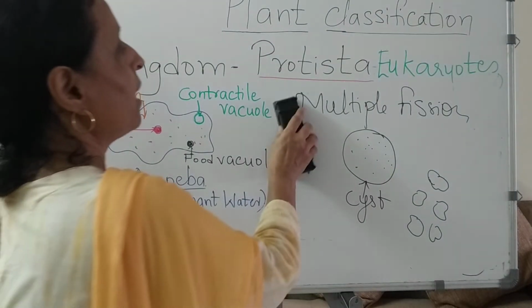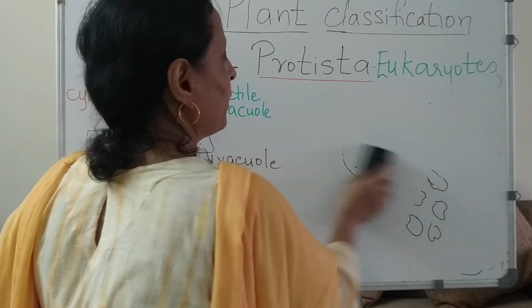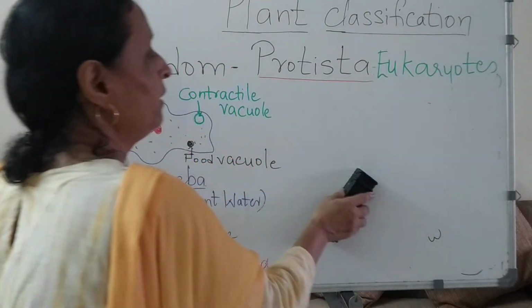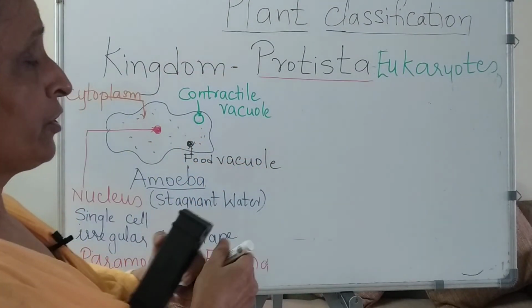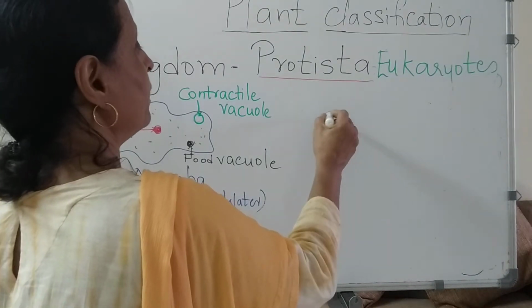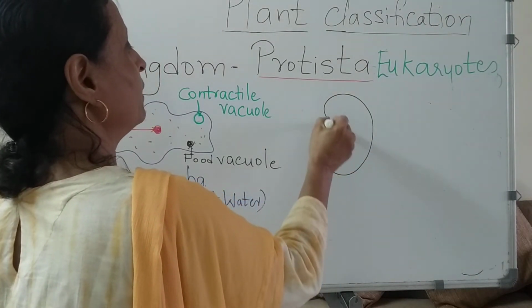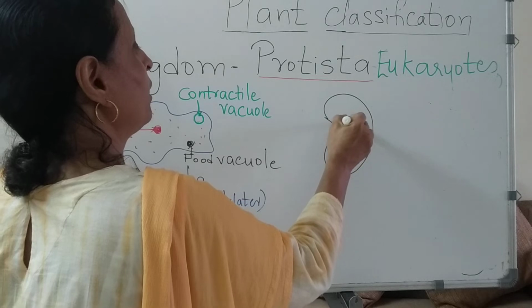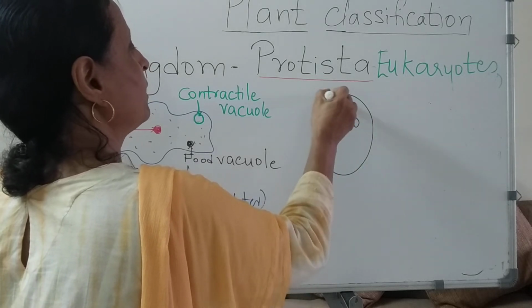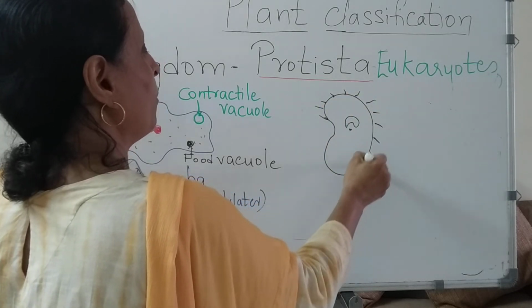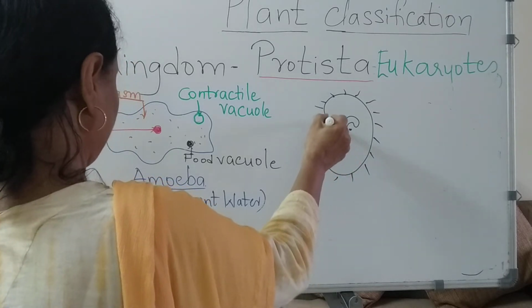The other example, paramecium. Paramecium is also found in ditches, in stagnant water. It is like this, having 2 nuclei, and there is cilia throughout the body which is present.